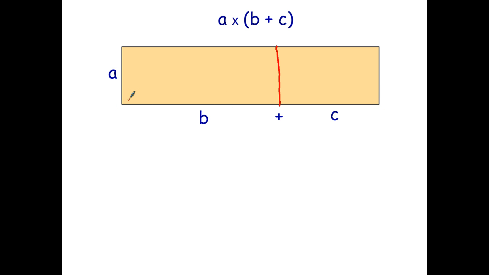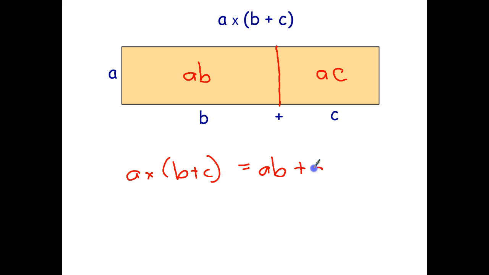And I can do that by multiplying a times b to get the area of this rectangle, and a times c to get the area of that rectangle. And that tells me that a times b plus c in brackets can be written as a times b plus a times c. And the fancy name for that is called the distributive law.